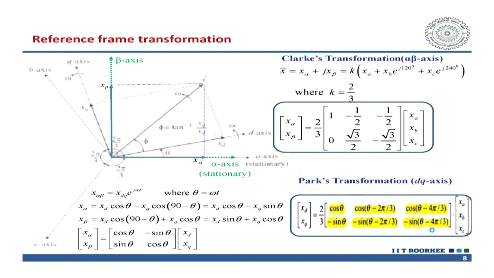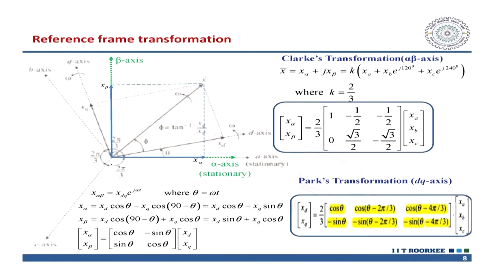Now, there is an important transformation, as I was telling you, ABC to alpha beta. This is nothing but three vectors resolved into the xy coordinate, which we say is alpha beta. Then once alpha beta has been rotated by the synchronous frame, it becomes the dq frame of reference.